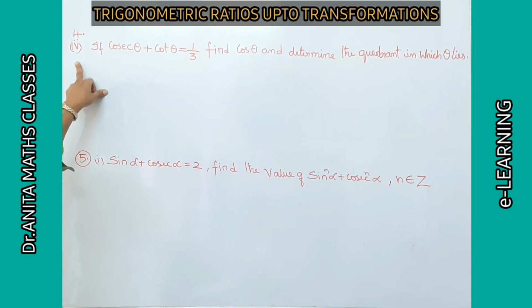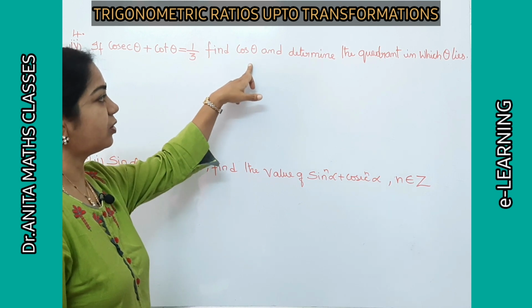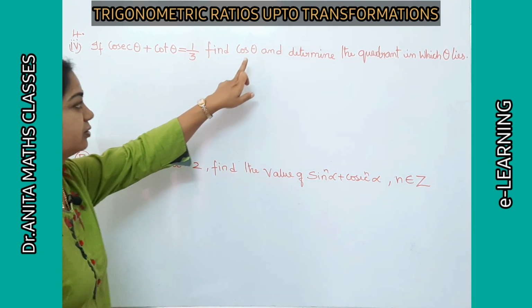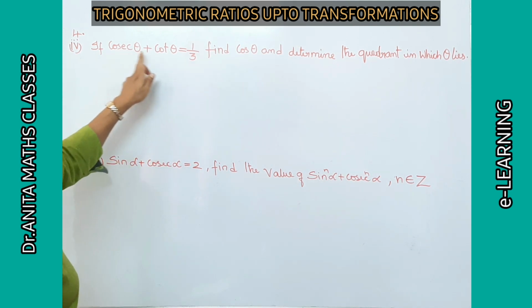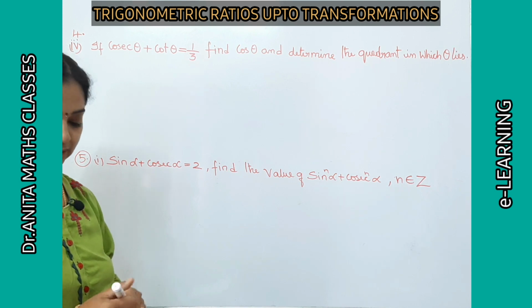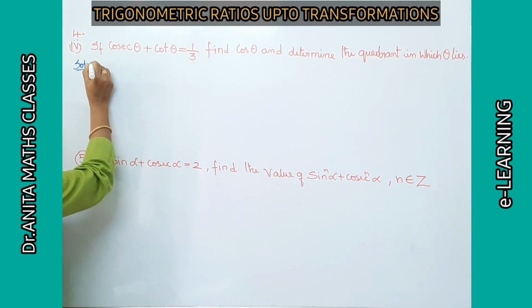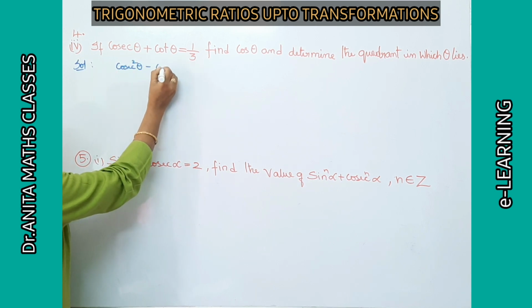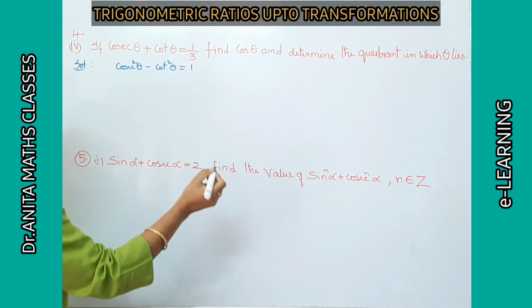Now the fourth one: if cosecant theta plus cot theta is 1 by 3, find cos theta and determine the quadrant in which theta lies. We have to find the cos from this cosecant plus cot. So if you see cosecant and cot, we can use the third trigonometric identity. The third trigonometric identity is cosecant square theta minus cot square theta equals 1. So this is a square minus b square.